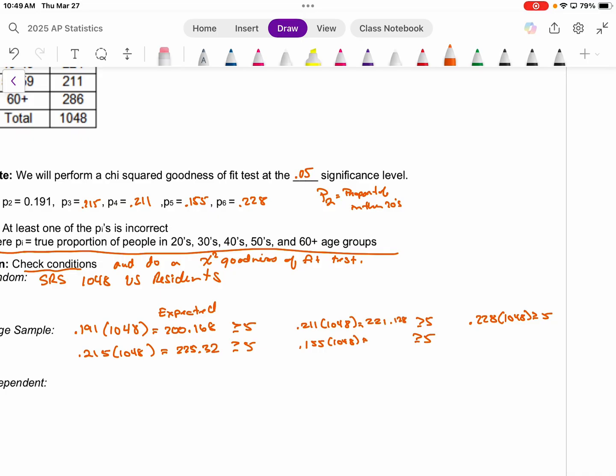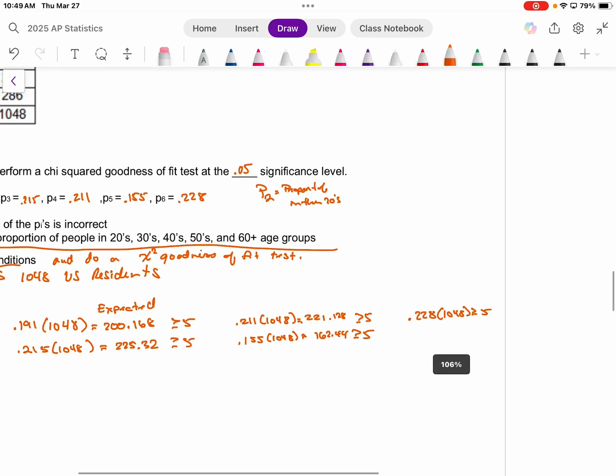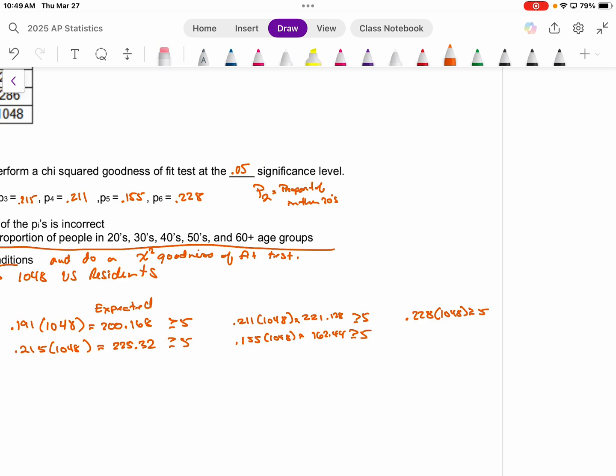And then we have 162.44. And then the last one is 238.944, and that's greater than or equal to 5. All right, so there's all my expected counts. Now we need to use those again later on, so that's why it's okay.